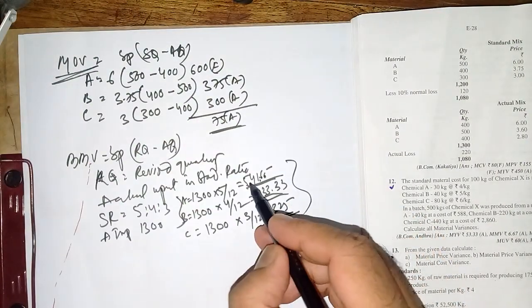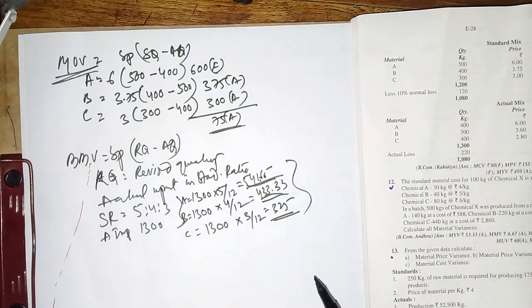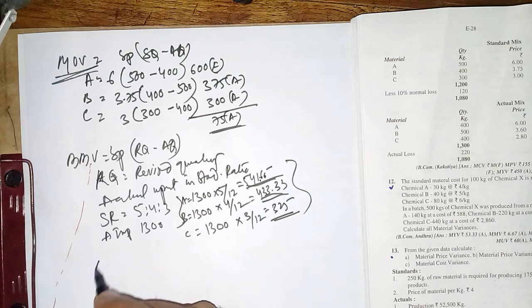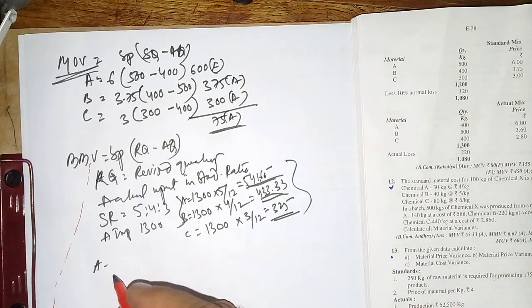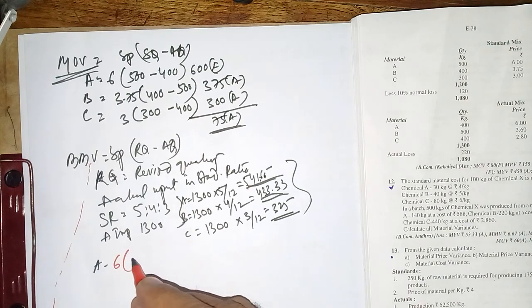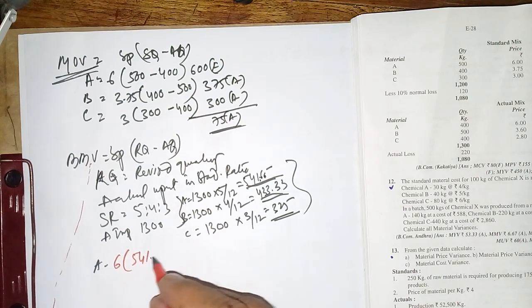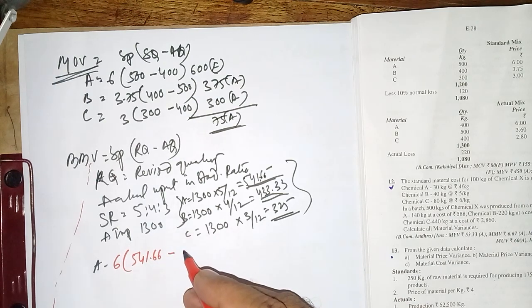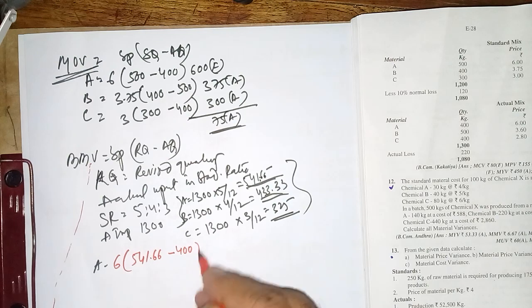Once we calculated 541.66 bar, then apply the formula. SP, what is standard price? Change the pen. A is equal to standard price is 6 into RQ, that is 541.66 minus AQ, actual quantity is 400.